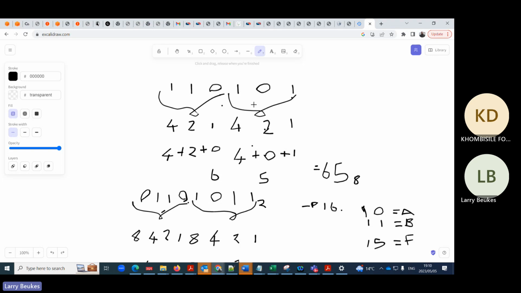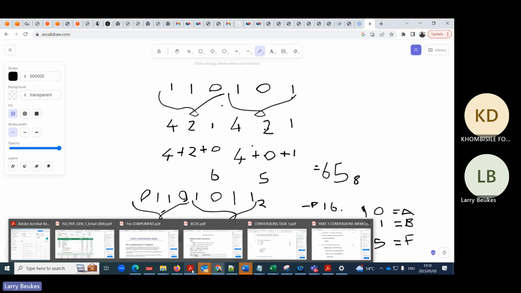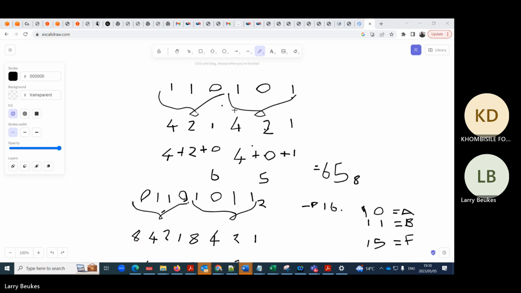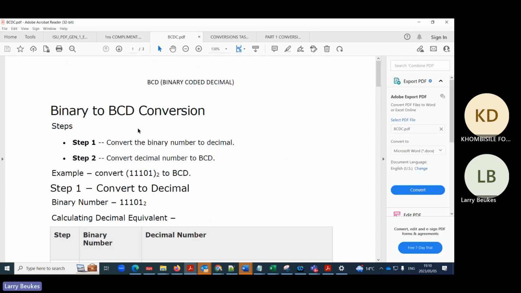So another one that I wanted to cover was the BCD, binary coded decimal, right? So to convert to binary coded decimal, I have some notes that I uploaded as well. To convert to binary coded decimal, we convert the binary number to decimal first, right?